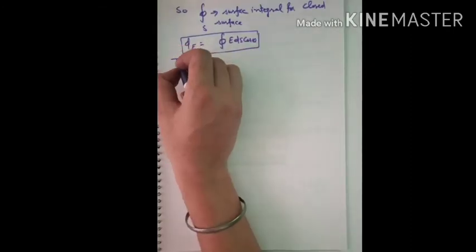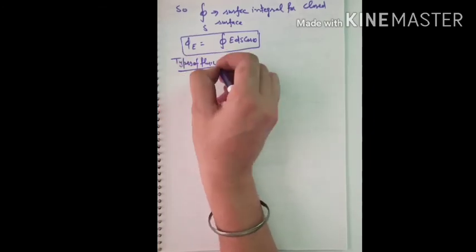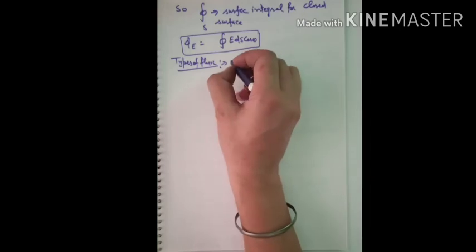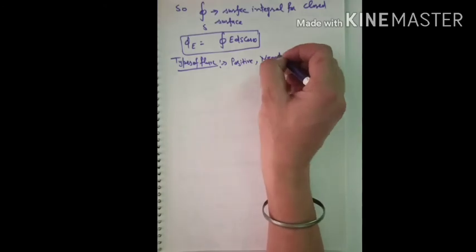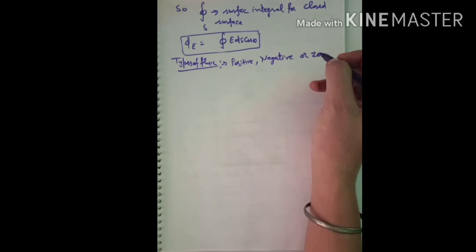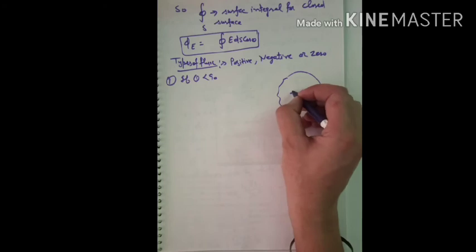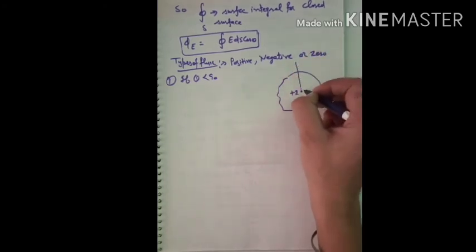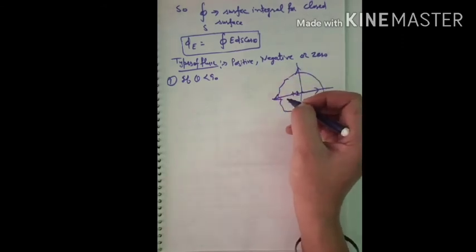So types of flux. Flux are of three types: positive, negative, or zero. Number one is, if theta is less than 90 degree, suppose this is area, here is positive Q charge, the flux is in outward direction, electric lines of force are in outward direction.